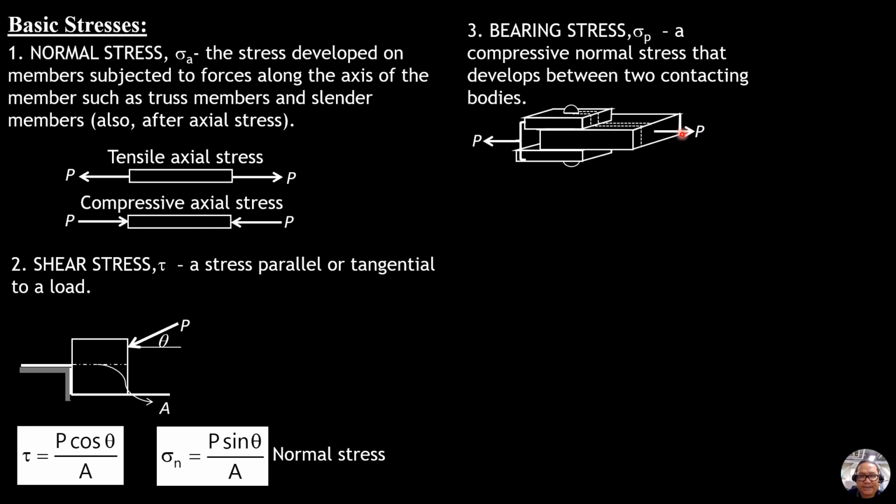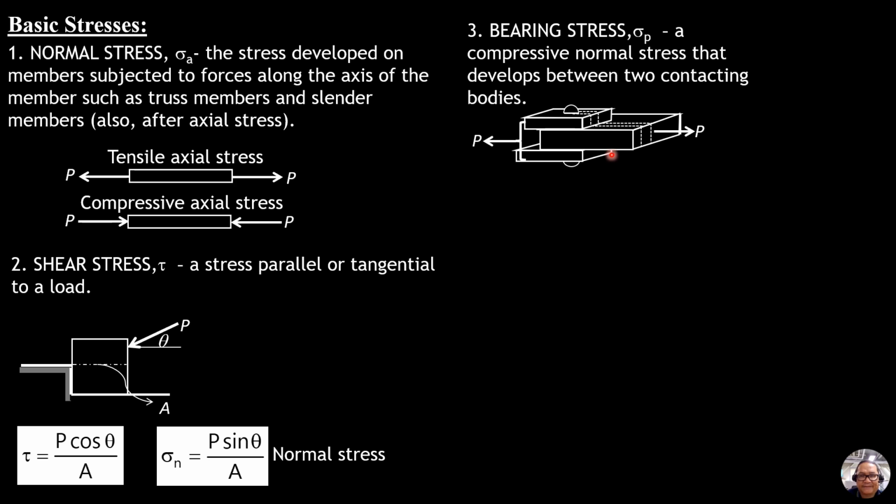The assumption is that although the body of the rivet or bolt is curved, the bearing stress is uniform over this projected area, and it is equal to the diameter times the thickness of the plate.